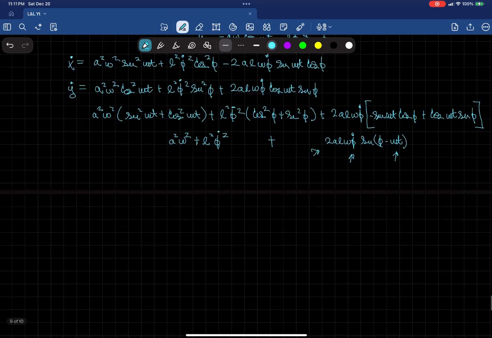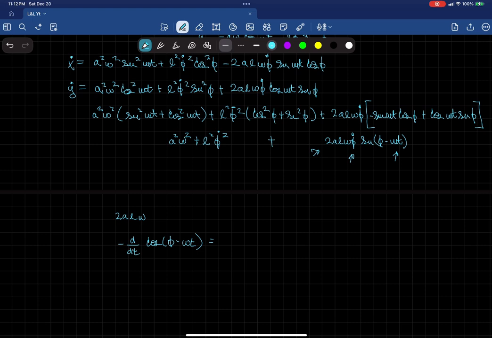How can we set it up as such? If I omit the 2 a L omega terms and take the derivative with respect to time of cosine of phi minus omega t, I'm also going to make it negative, because the derivative of cosine is negative sine, and that gives the result we want, which is sine phi minus omega t.